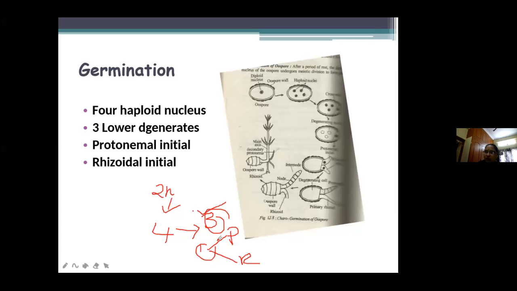Where the protonema initial is there, that initial divides into 2 parts, girls. One is the nodal part and the second one is the internodal. The second node of the primary protonema produces the whole appendages, one of which develops into a new Chara plant. This is the germination of the Chara.